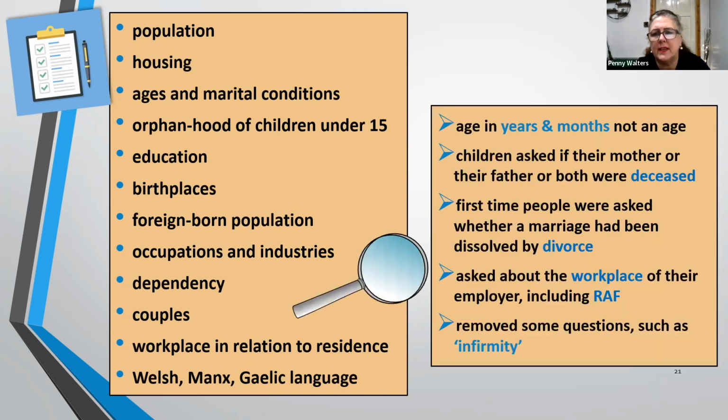So the nitty-gritty of this, and this is the exciting thing, is you were asked, what is your age in years and months? So this has really knocked a couple of spots off my brick walls in my tree.